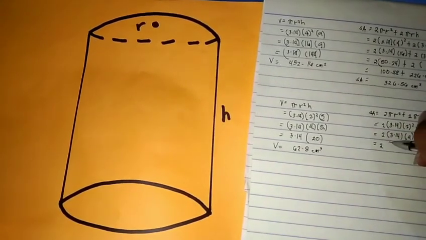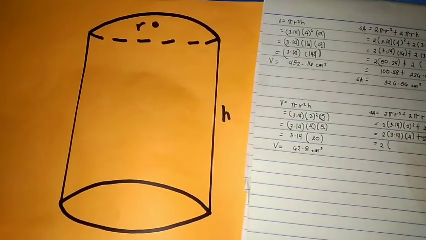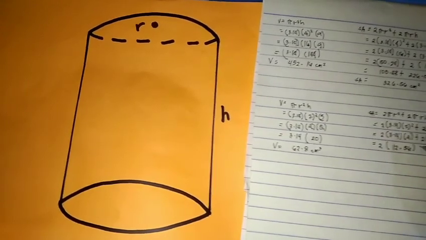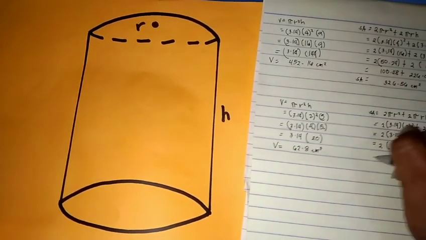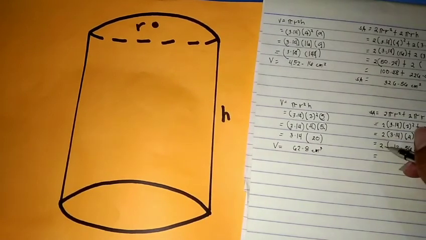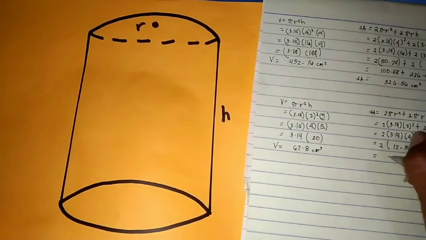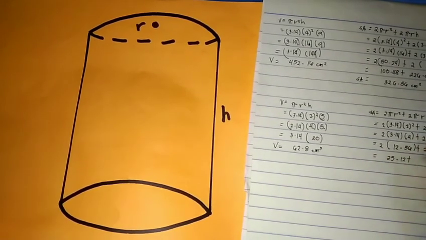Copy the 2. Multiply 3.14 by 4 to get the value of 12.56. Copy the 2. Multiply 3.14 to the 10 to get the value of 31.4. Multiply 2 and 12.56 to get the value of 25.12.